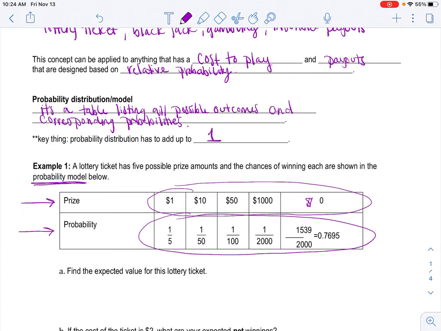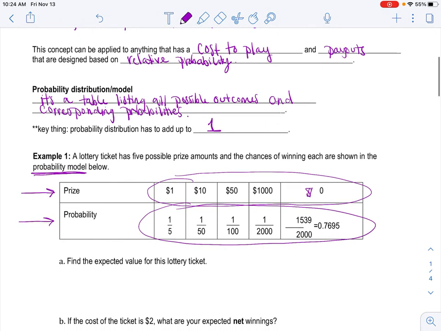So I want to find the expected value for this lottery ticket. And so what you do is you take the outcome and you multiply it by the probability, and you're going to add all of these together. And don't forget units. So now it's $50. Well, there's a 1 in 100 chance you win that.